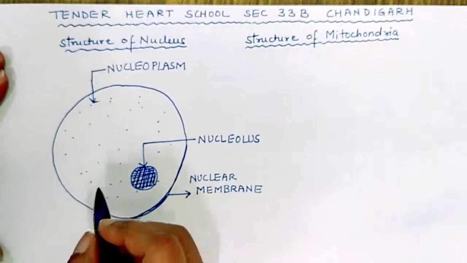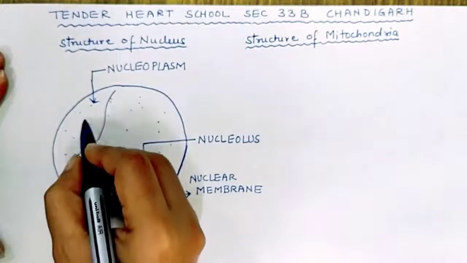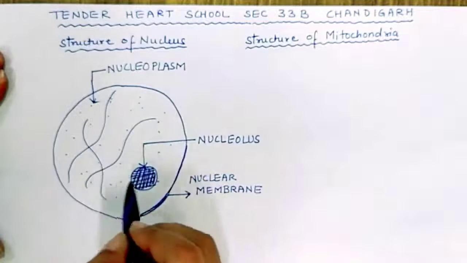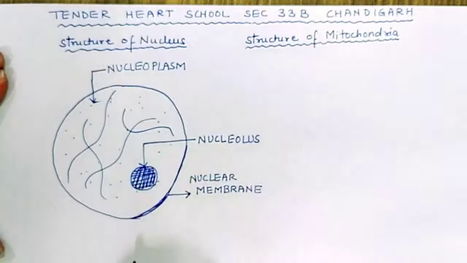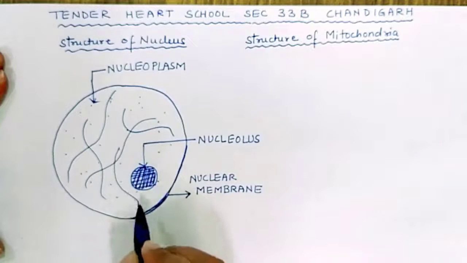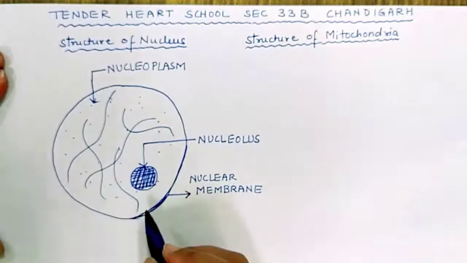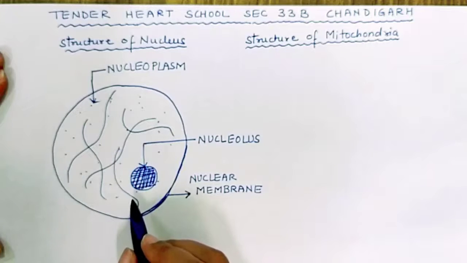Then also inside the nucleus we have the chromatin fibers. The genetic material, the chromatin fibers, are thread-like structures which when condensed form the chromosomes. The chromosome number varies from species to species.